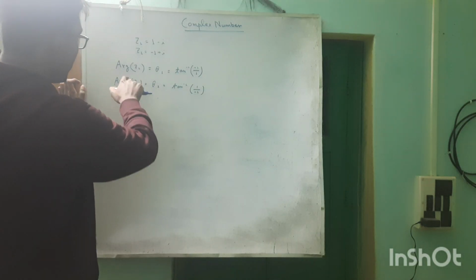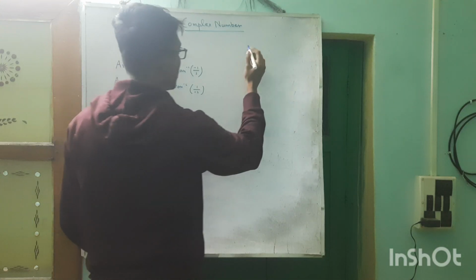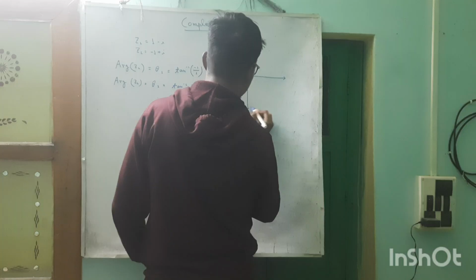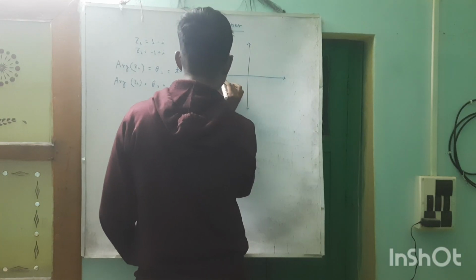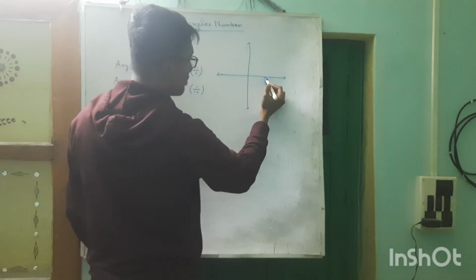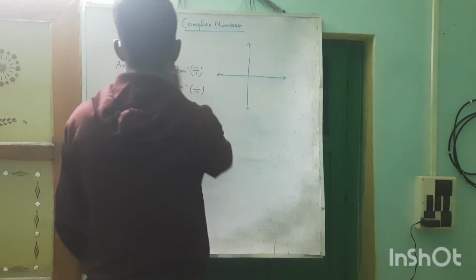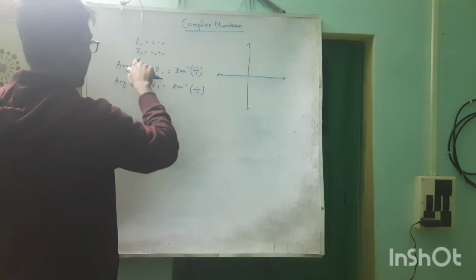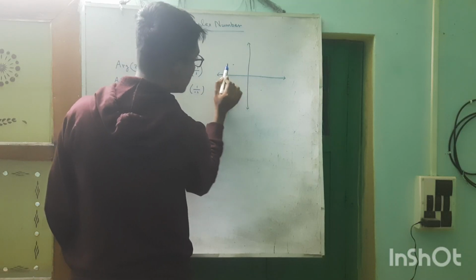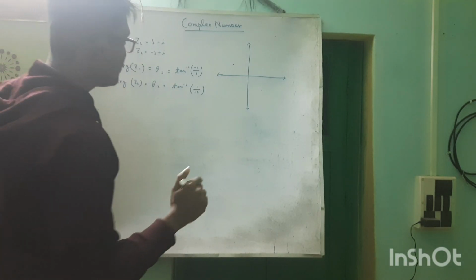So the argument of z1 and z2, is it the same or different? So let's see. So z1 is equal to (1, minus 1). So it is presented here. This is z1, this is (1, minus 1), and z2 is (minus 1, 1). So what about the argument of z1?